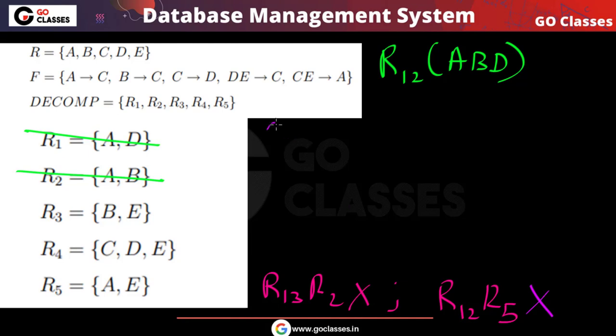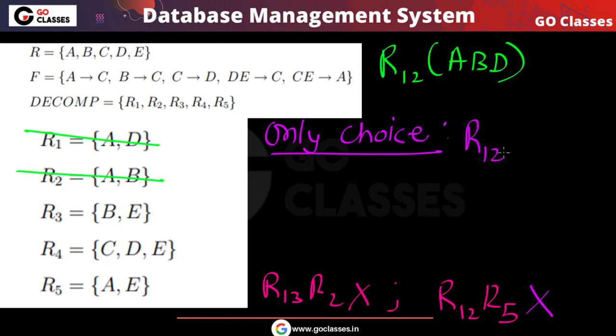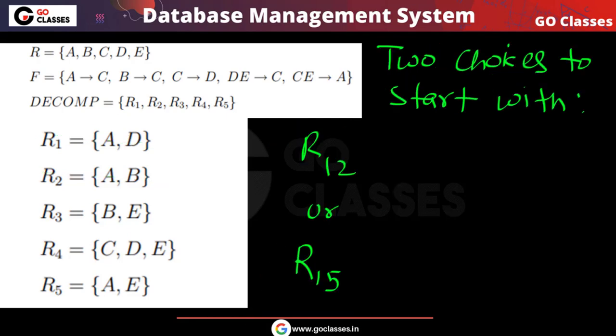So the only choice that we have is to combine this R12 with R4. Can we combine them? First of all, you check it. This is CDE, this is ABD. So the common set of attribute is D. Let me check what D can determine.